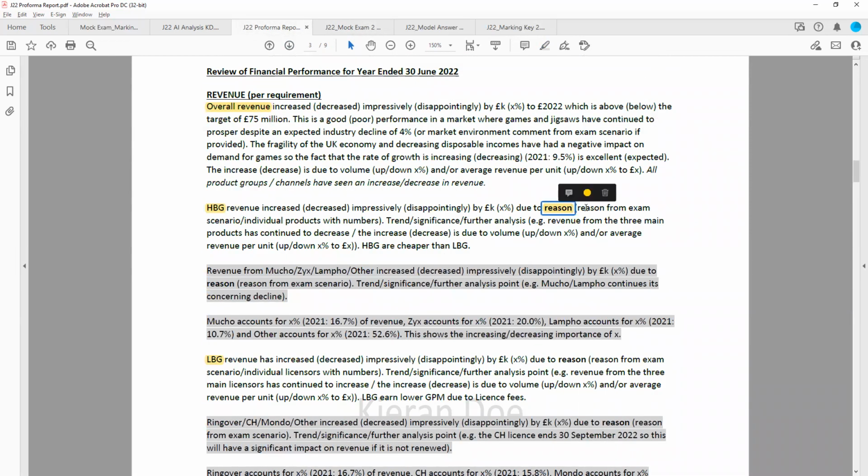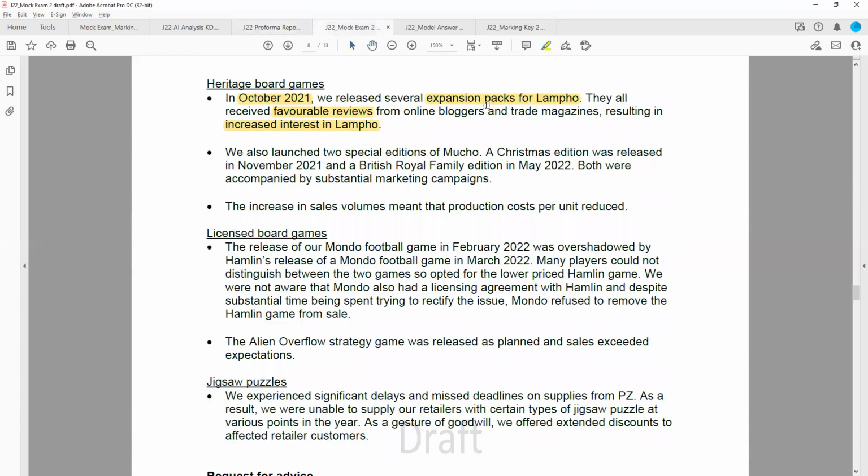So we go number, reason. There might be a reason why HBG has gone up in total, or as part of that analysis, we'll have some numbers on an individual product. So you might want to scribble by the side here, Lamfo, because that's where you're going to use this piece of information. Remember the golden rule: we want to use the exam paper information as much as we can to generate points for our answer.